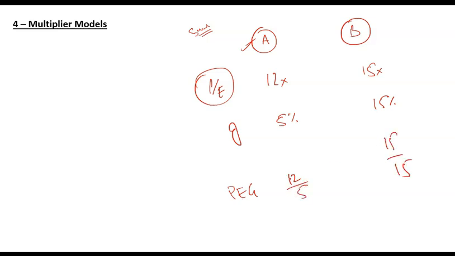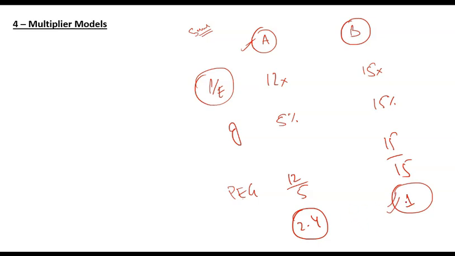So for example, 12 divided by 5 and 15 divided by 15. So 12 divided by 5 would be 2.4 and 15 divided by 15 is 1. This means for every 1% of growth, you have a PE of 2.4 for A. And for every 1% of growth, you have a PE of 1 for B, which means after accounting for growth, B looks cheaper.